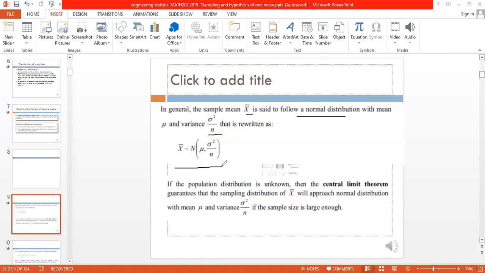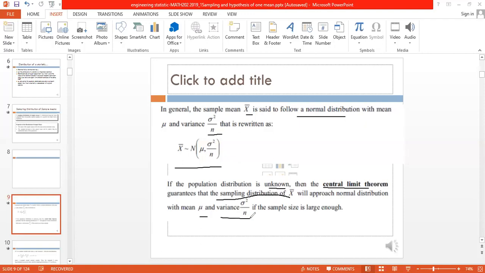So we are saying that if the population distribution is unknown, then the central limit theorem, which is the CLT, guarantees that the sampling distribution of X bar will also approach normal distribution with a mean of mu and a variance of what?